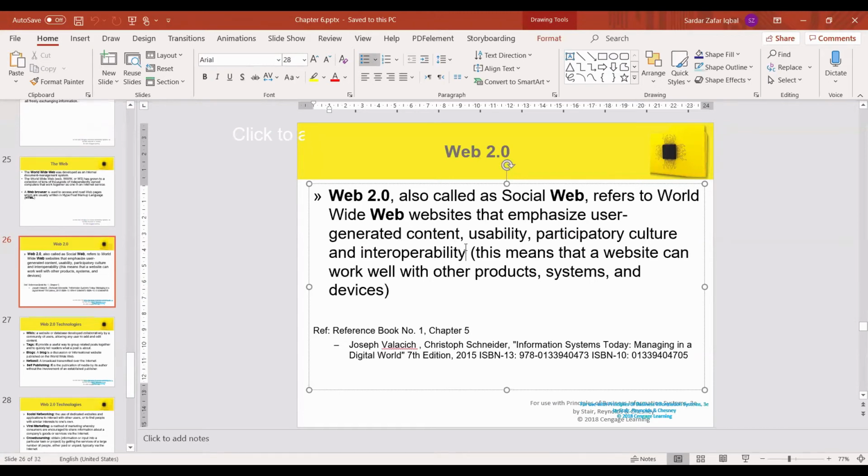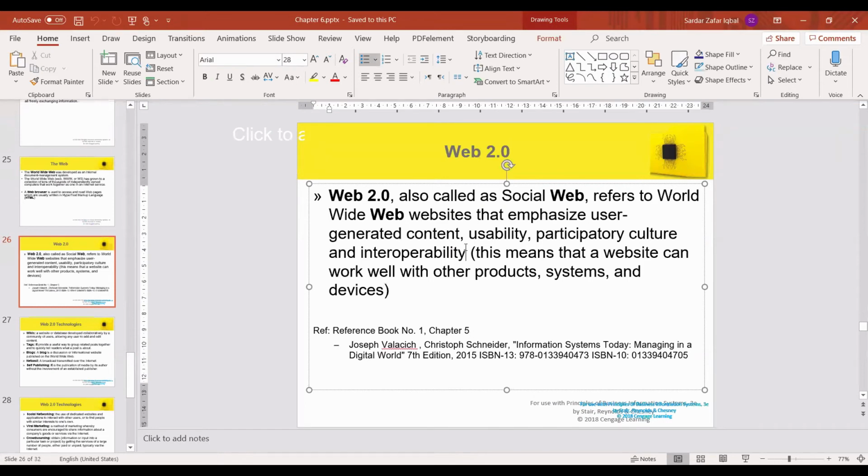Participatory culture: I'm giving you the lecture and you are also participating, responding, and answering. So it is two-way communication. These are the different standards for websites. In Web 3.0 and Web 4.0, I guess artificial intelligence and such things are introduced for the websites.